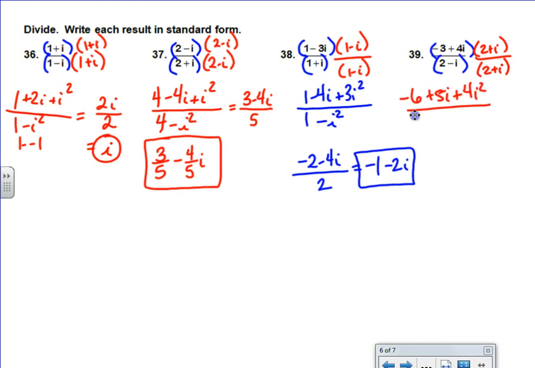The conjugates on the denominator are 4 minus i squared. Negative 6 minus 4, let's see, is negative 10, plus 5i over 4 minus negative 1 is a 5. When I distribute this 5 under both parts, I get negative 2, whoops, that's a 2, plus or minus i. And I guess that's it.